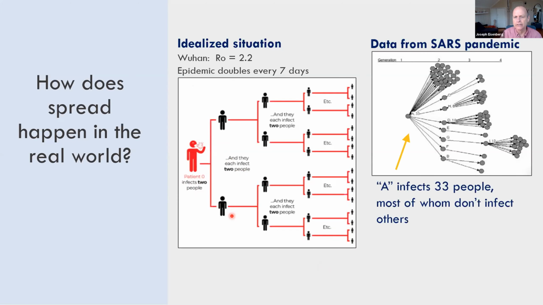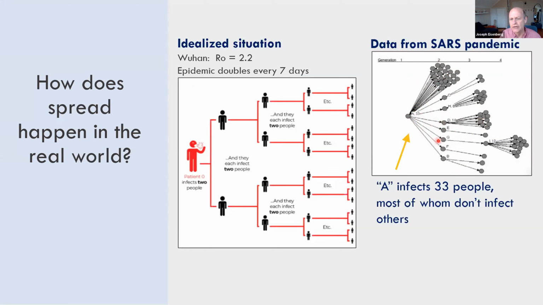regularly. So here's an example, and this is actually data from the SARS pandemic from the early 2000s, where one person, person A, infects 33 other people. And we see a big chunk of those 33 people don't transmit to anybody. But we see one person here, D, who gets infected from A, transmits to 10 other people.